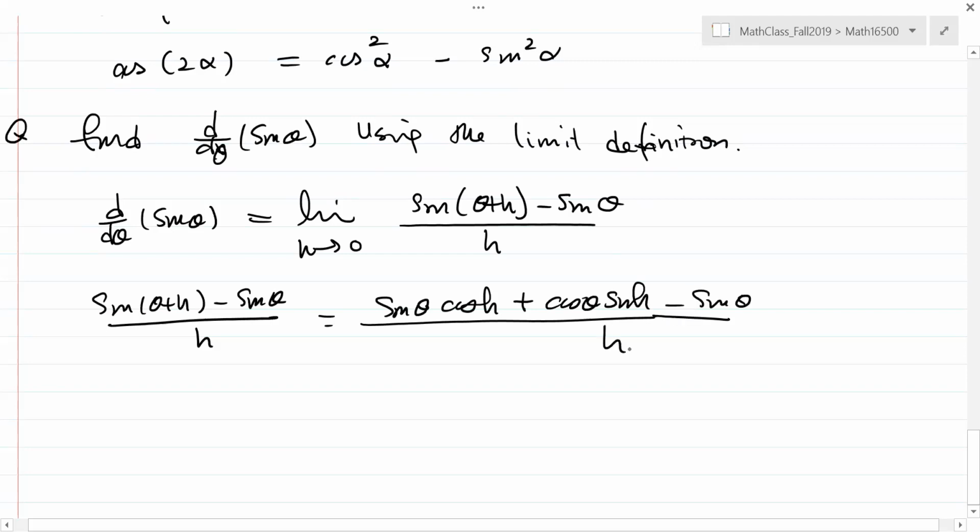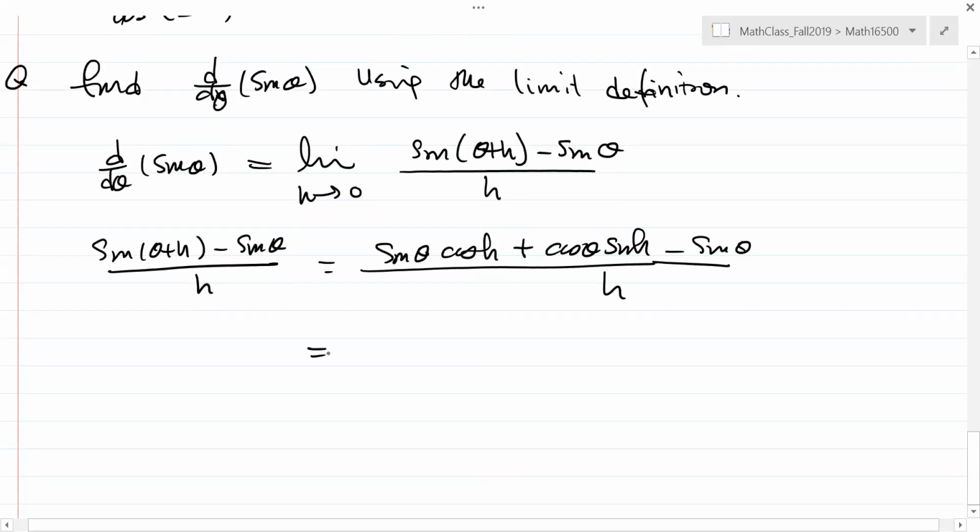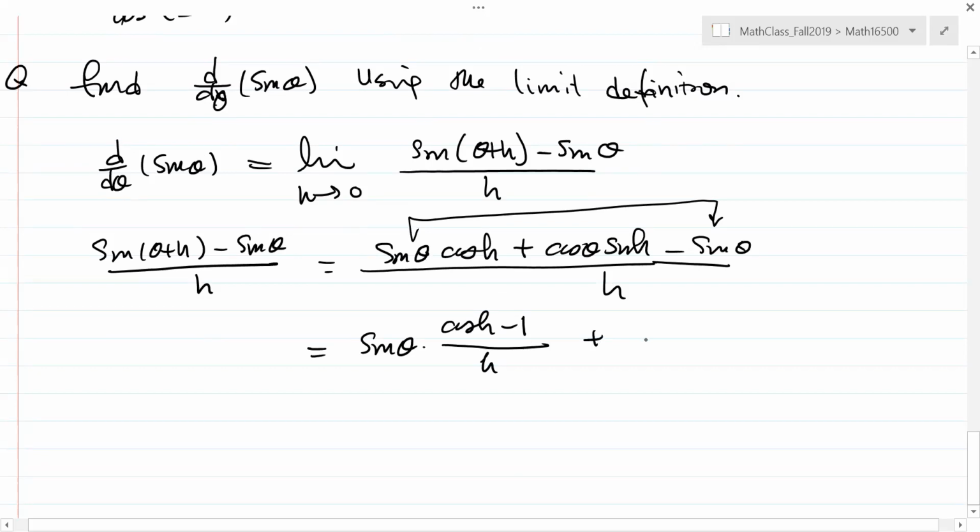Then what? Well, I can group them together. So I get sine theta times cosine h minus 1 over h, and the second part is cosine theta times sine h over h. All right, not too bad.